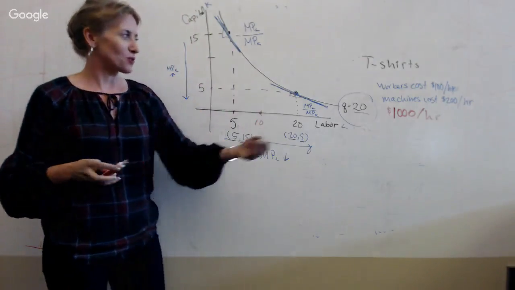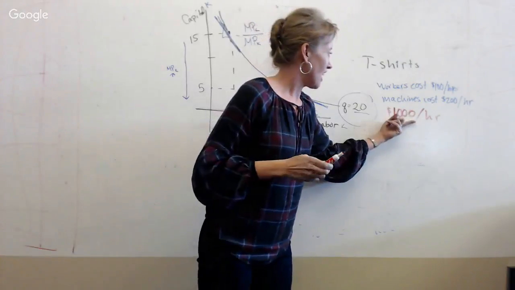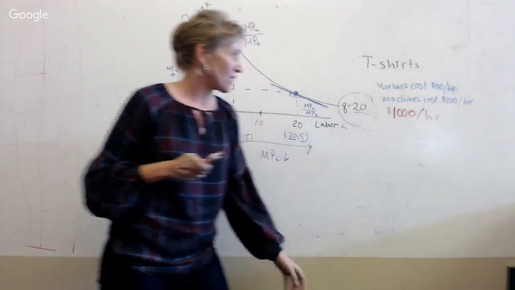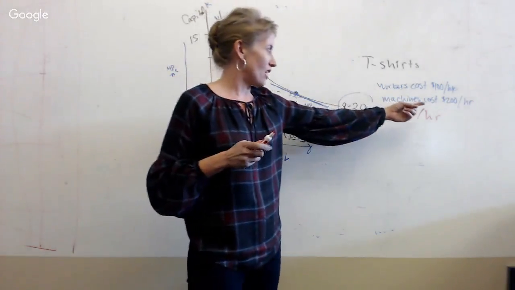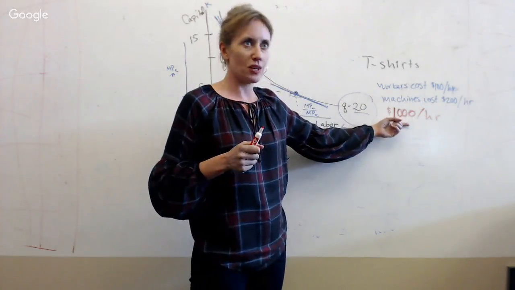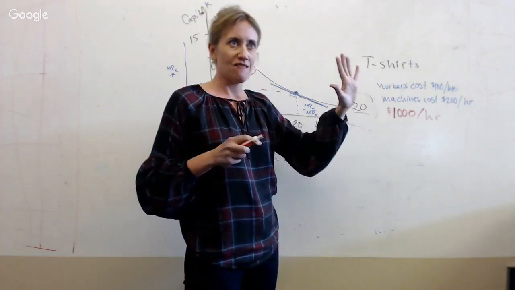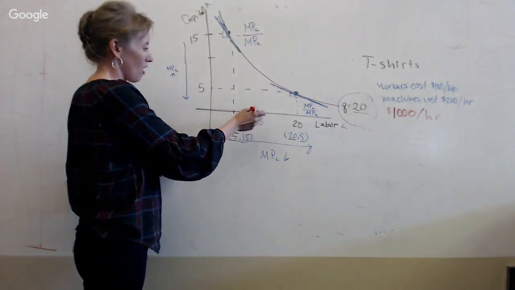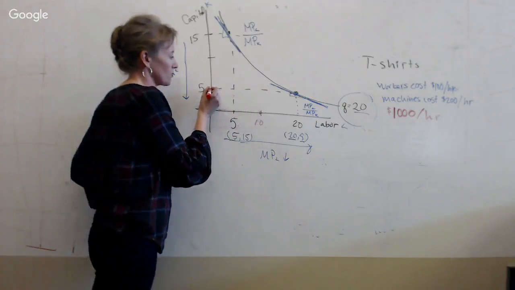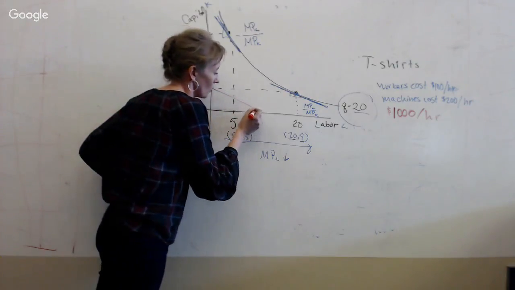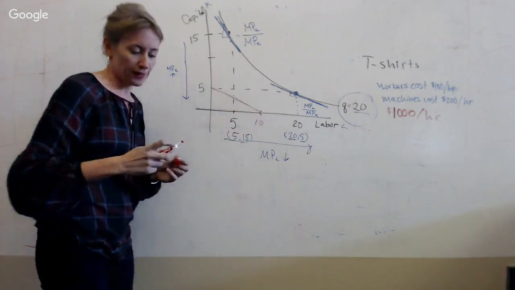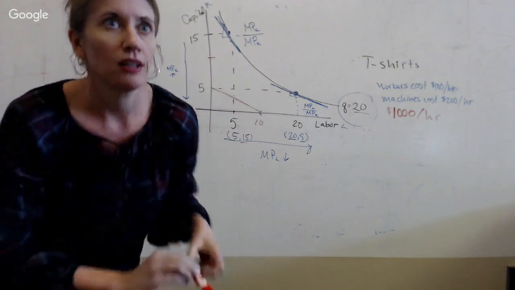Alternatively, let's suppose we take all this $1,000 and spend it all on machines. Machines cost $200 an hour, so we can hire 5 machines. So one of our ISO cost curves is represented right here.